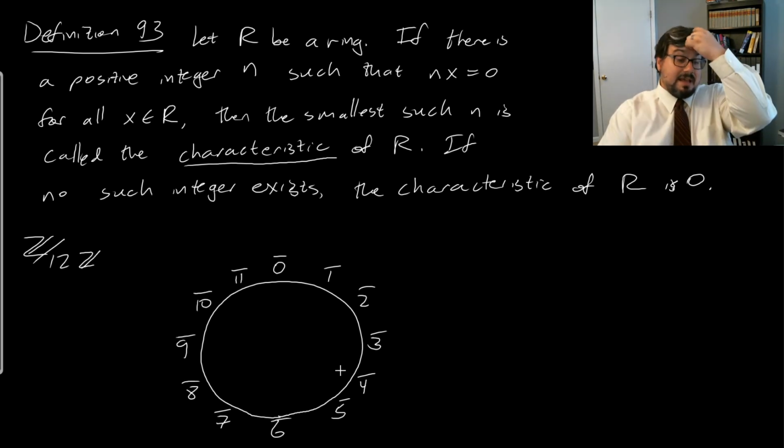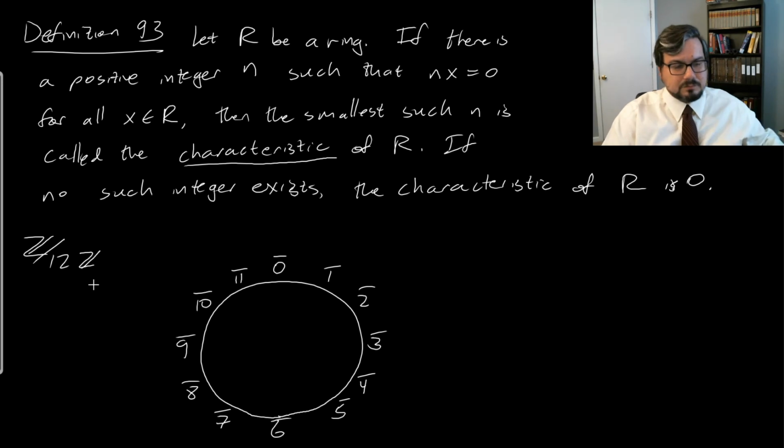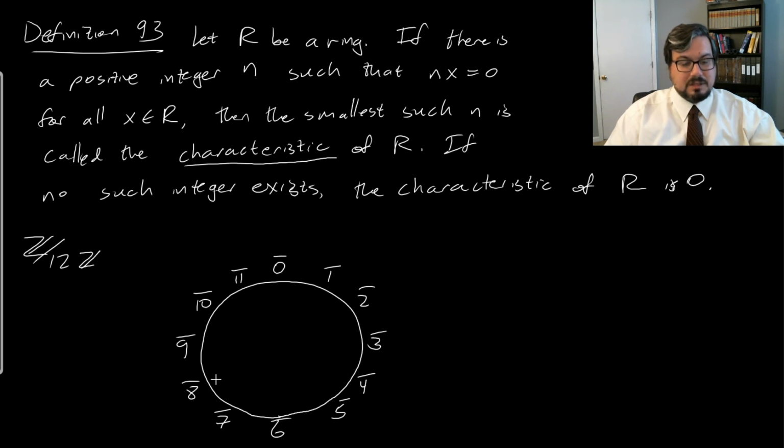And we can think of the elements of Z mod 12Z as lying on a clock face here. And so, for instance, if I take 7 plus 6, well, we know that's 13 bar, which is equivalent to 1 bar.